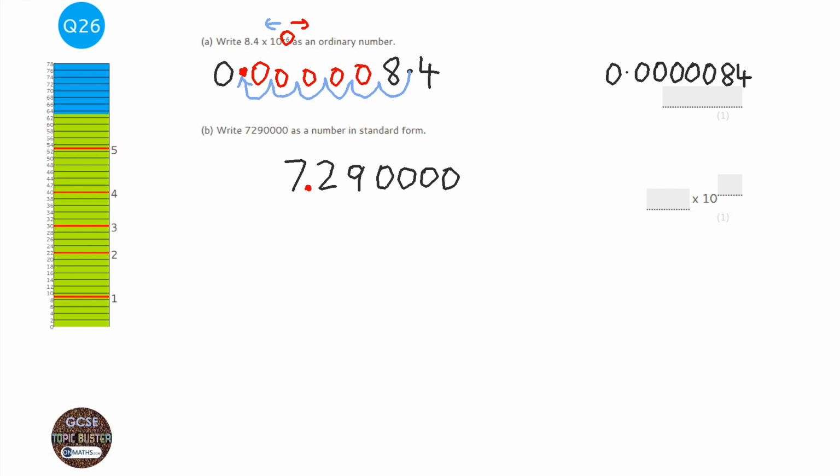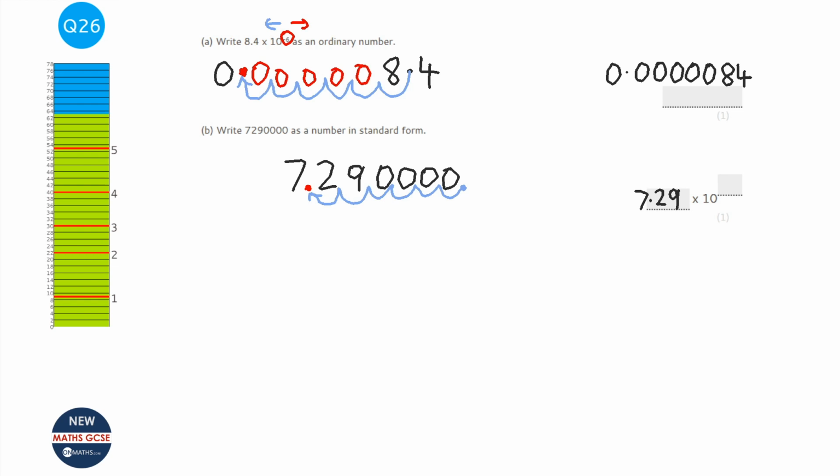The decimal point started at the end of the number, and we had to move it 1, 2, 3, 4, 5, 6. The rule is that the number has to be between 1 and 10, which this one is. Now, if you had a big number, then the power of 10 will be positive.